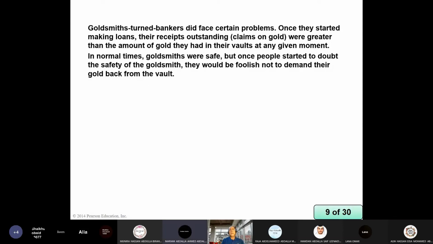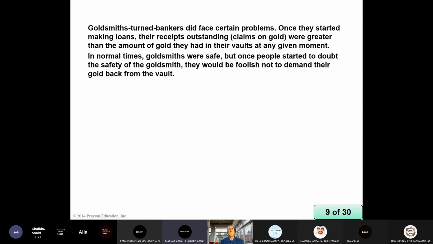How are you? Read this for me. Okay. Goldsmiths turned bankers did face a quarantine problem once they started making loans. Their receipts, outstanding claims on gold, were greater than the amount of gold they had in their vaults at any given moment.